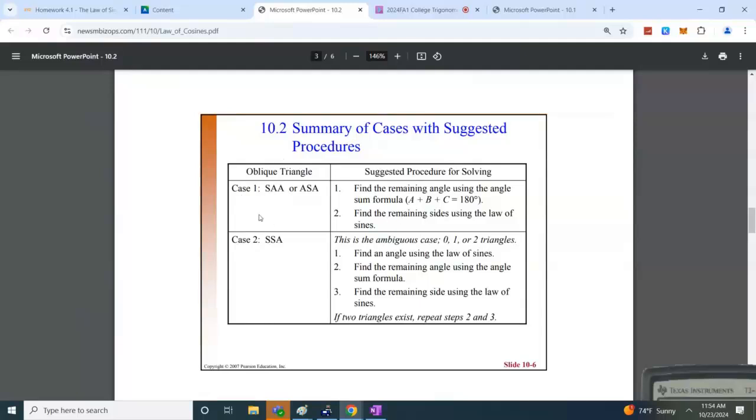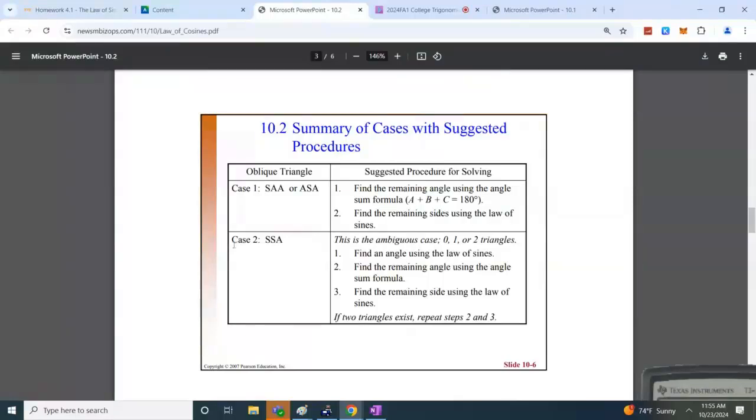So this again is coming from 10.2, and it says if you have case 1, which is a side angle or angle side angle, here is the suggested procedure for solving. The first thing it says is find the remaining angle using that sum formula, which we've done. And then the second step says find the remaining sides using the law of sines.